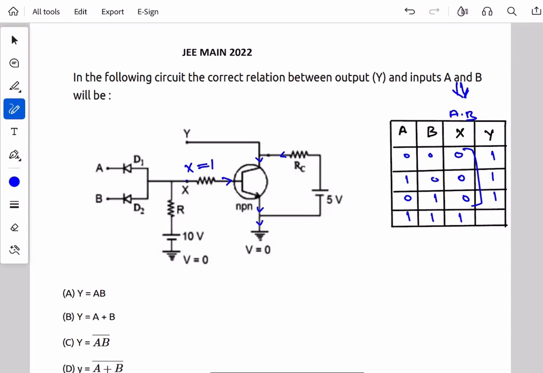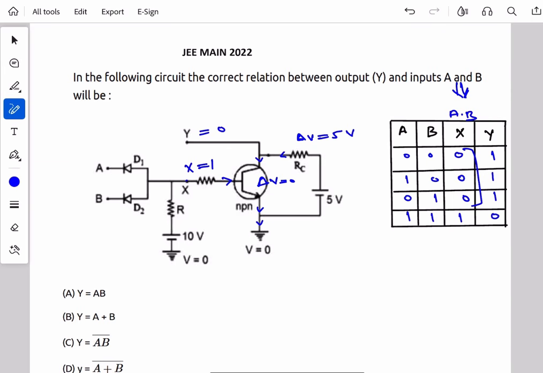Assuming the transistor is an ideal one, the potential drop across the transistor would be 0. So potential drop across this resistor RC will be 5 volt, same as the voltage of the battery. So potential at Y would be 0, and this would be in the off state.